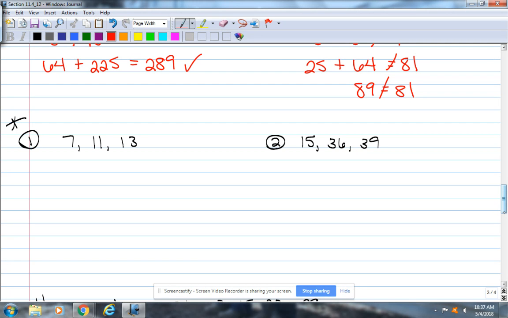Y'all try these two. See if these are right triangles or not. And I know these are easy to just type in your calculator and see, but I want something on paper. I ain't saying you have to show every step on paper, but show me something on paper.